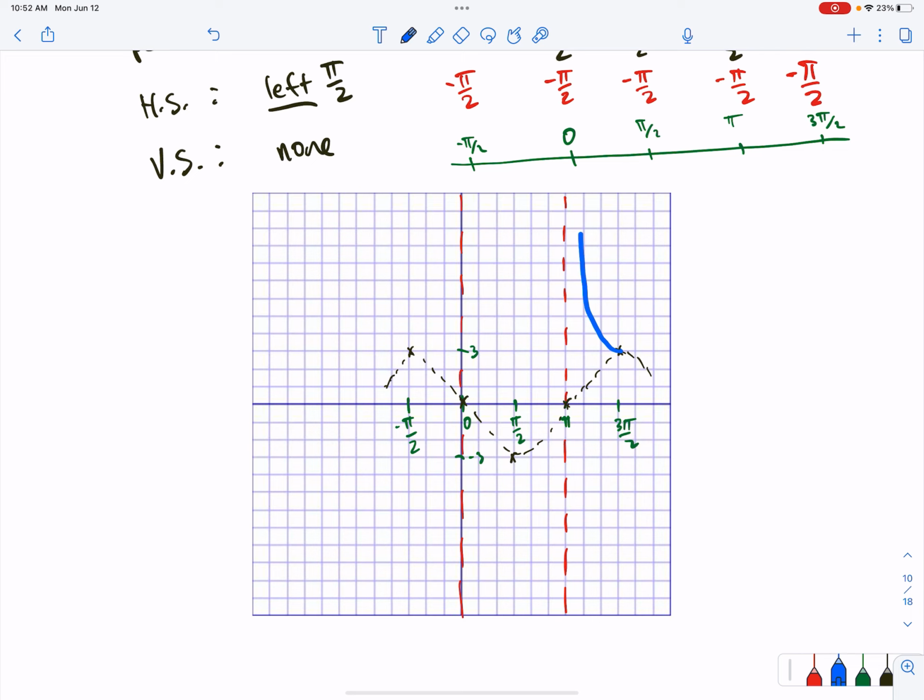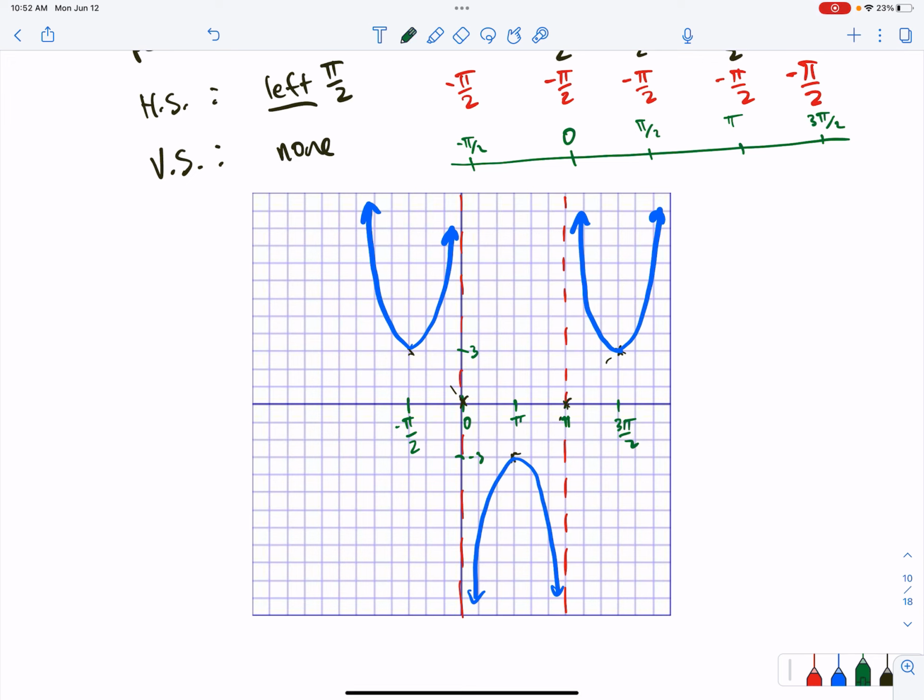I draw it off of the maximum values and the minimum values, and it approaches those asymptotes. So the blue graph is the secant graph. And what you could do is go through and erase the cosine graph if you're careful. So it's going to look something like that when it's all said and done.